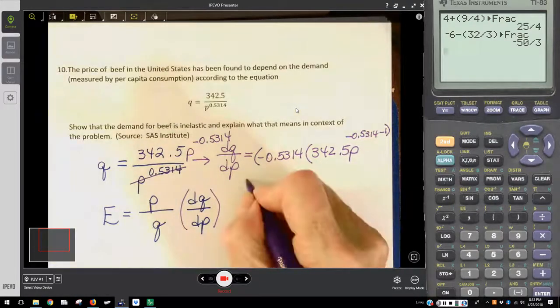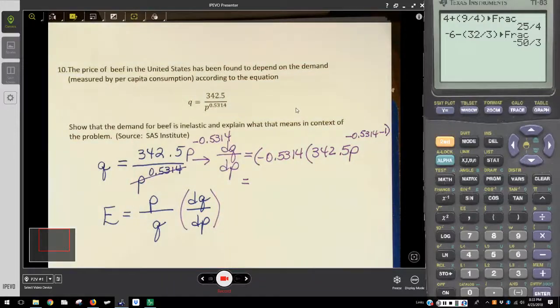Then what I'm actually going to have is, let's just go ahead and multiply out the 342.5.